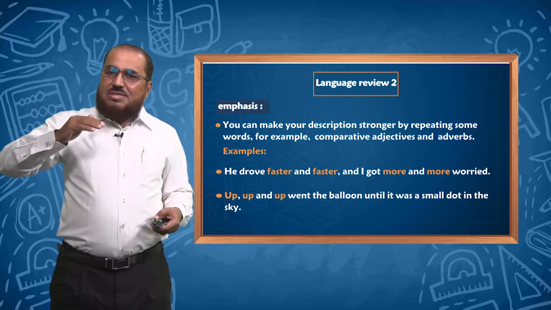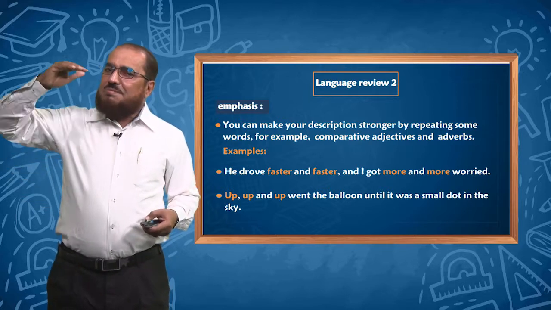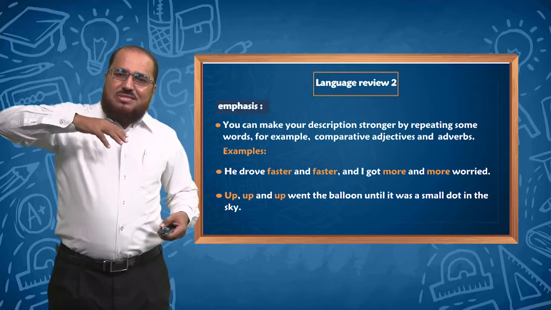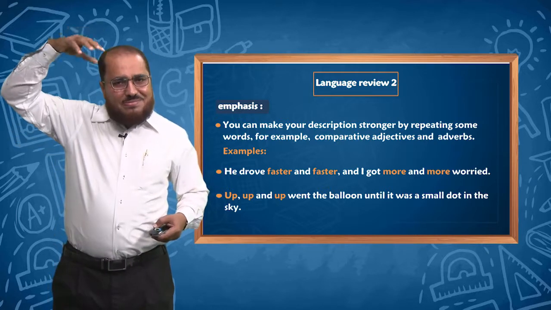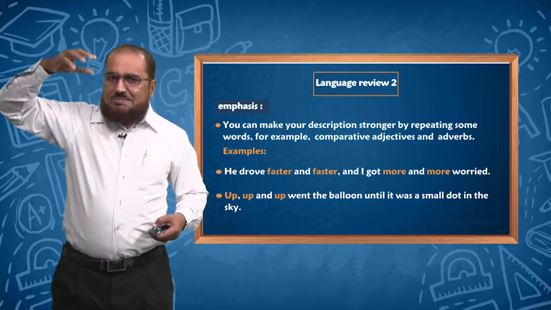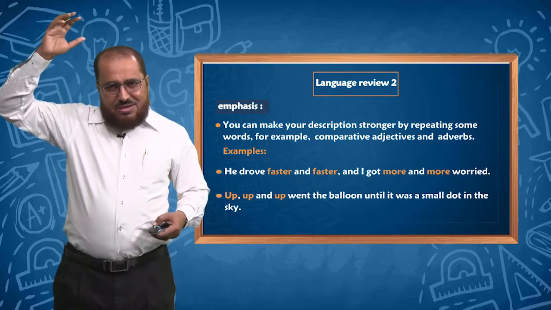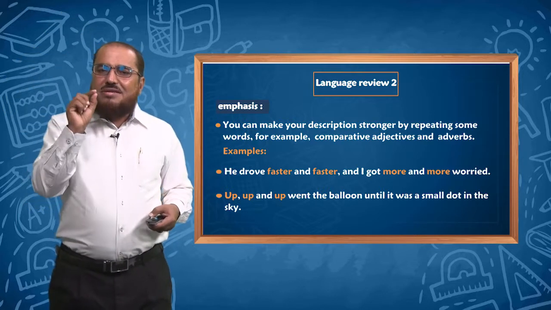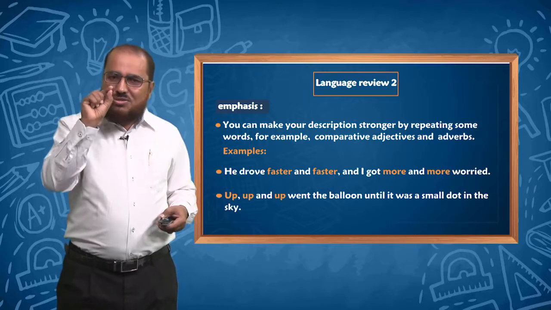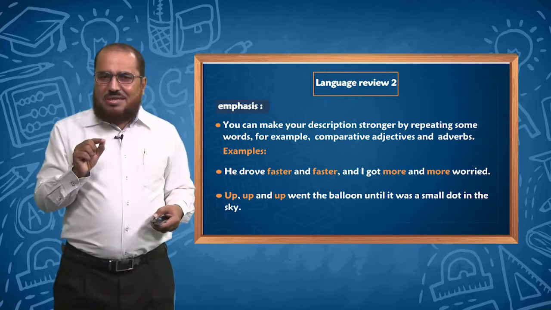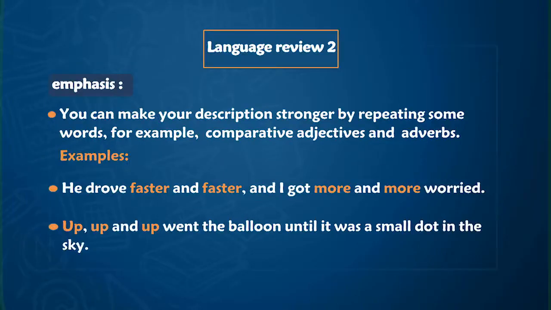When you say up, up and up, you imagine that the balloon is flying further up, maybe slowly, but it is up. Until it was just a dot in the sky, a small dot. The picture is presented strongly here.